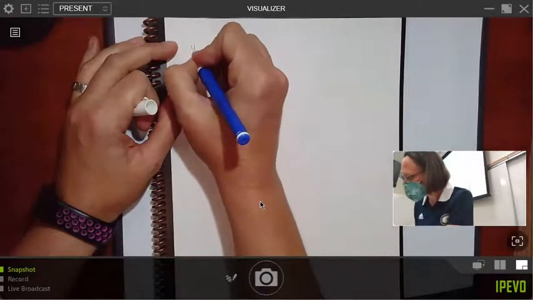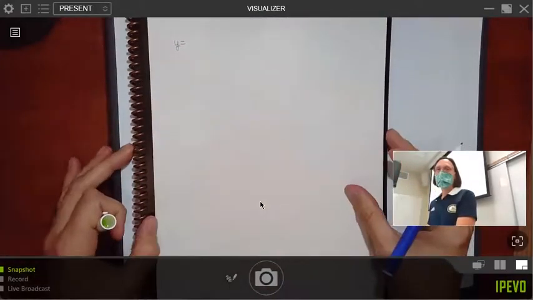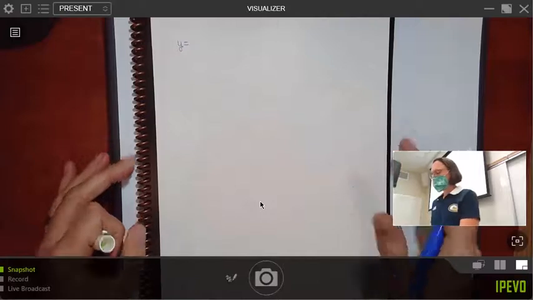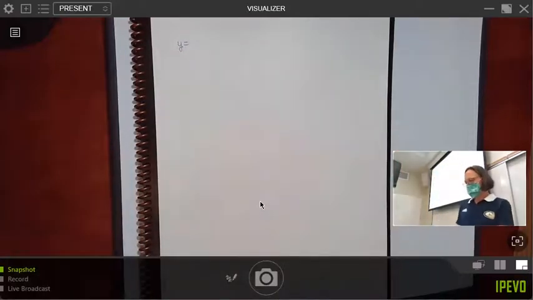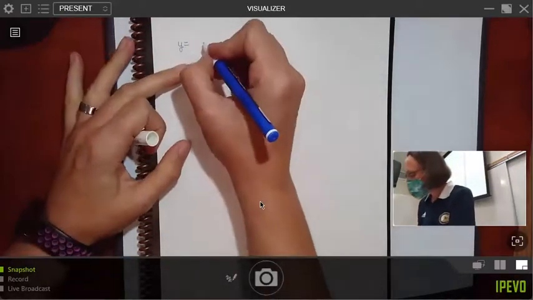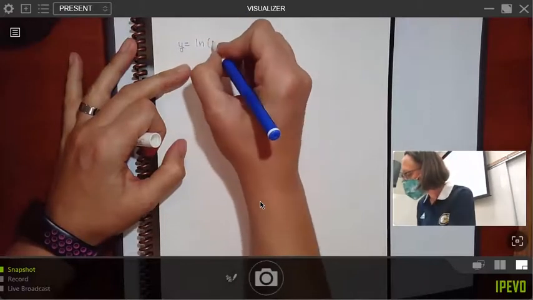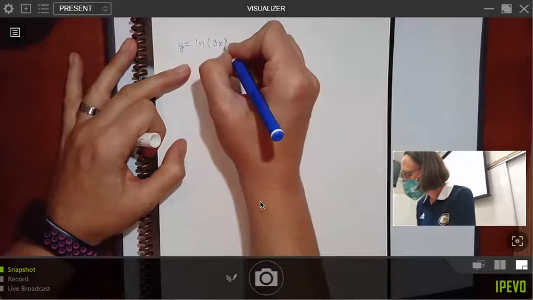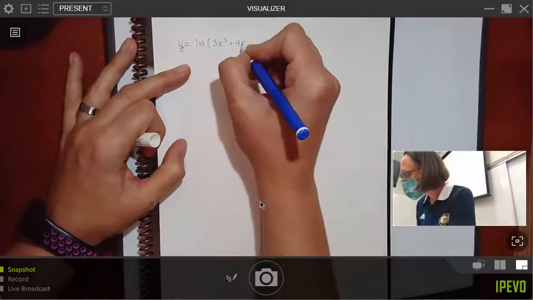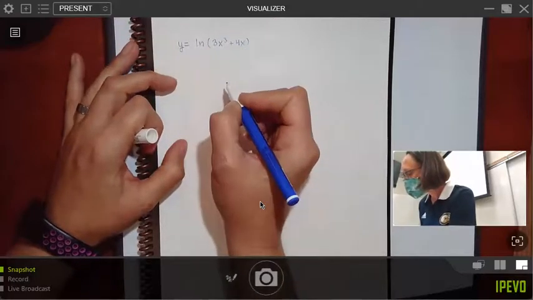But let me go with, how about y equals natural log of 3x cubed plus 4x.